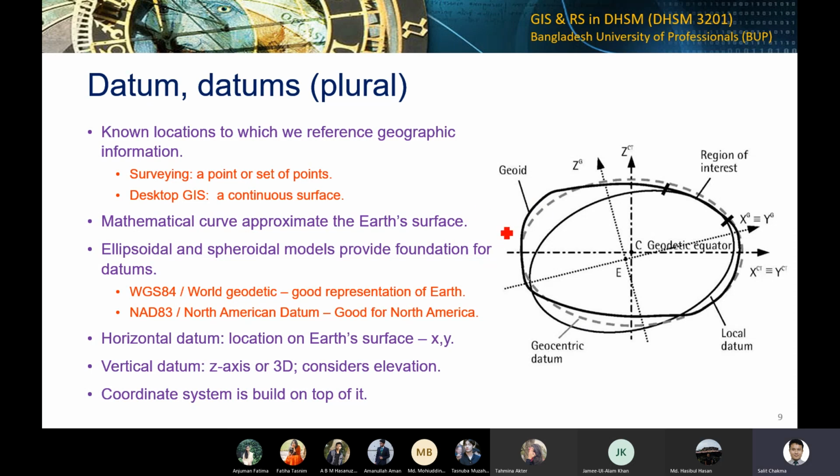Okay, so simply, datum is such that we imagine that Earth is spherical. Okay, so the sphere or the ellipsoid that we try to use to represent that spherical shape is actually the datum.